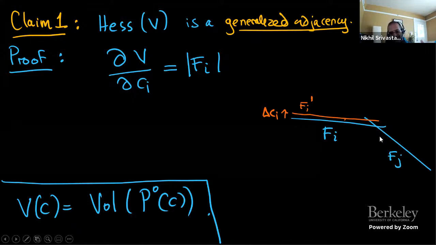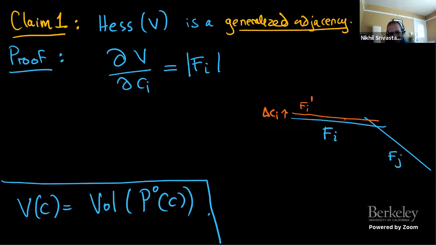Okay, from this picture, if you slide the ith constraint a little bit, then you're going to move parallel to the facet Fi, and the change in volume is going to be proportional to the area of that facet, which I've written as the absolute value of Fi. So the first derivative is kind of clear.